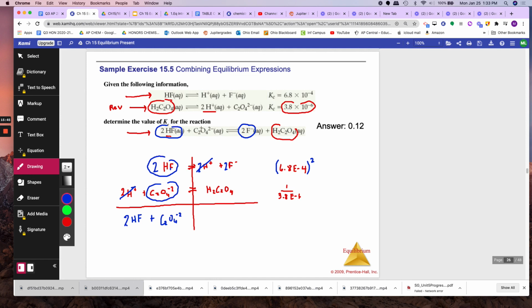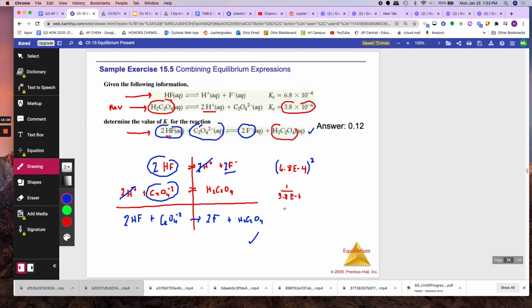Check. That checks this one out. Yes. And then I bring this down. 2F minus. Yes. It matches. And then this is this. Yes. And then I write that down. H2C2O4, and it matches. So it adds up and it matches the final equation.